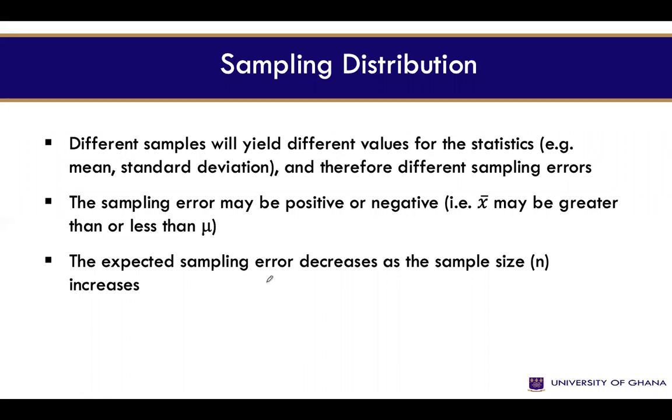Assuming we have a class attendance of say 103 people, I take that to be my population and I'm interested in your ages, and I want to find the average age based on a sample. I select a sample of 10 and compute the average age, and I select another sample of 10 and compute the average age, and I select more and more samples of 10. For each run of the selection, I'll get a different average age, right?